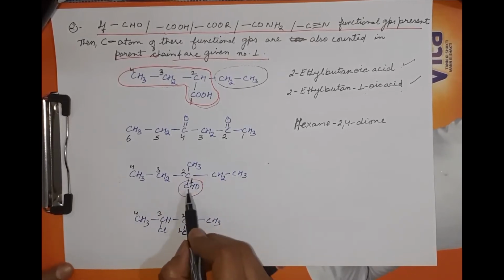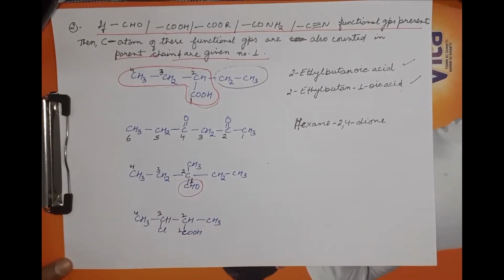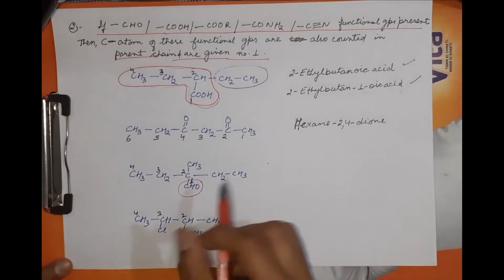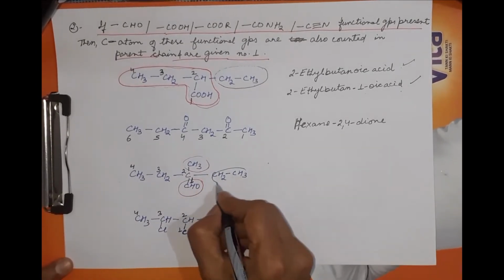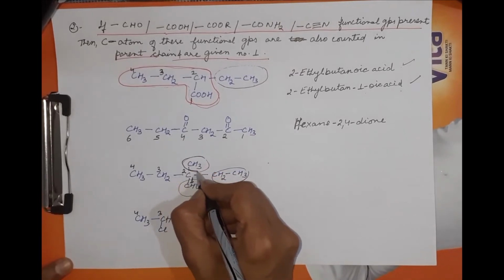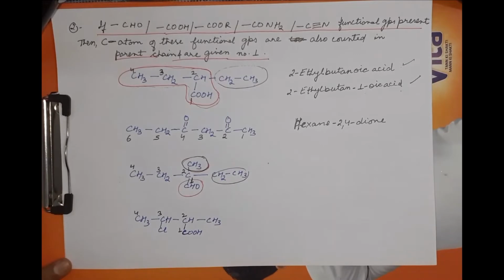Both are the same. So let us see. This is 1, 2, 3, 4. Both of these are substituents: one is the methyl group and another is the ethyl group.